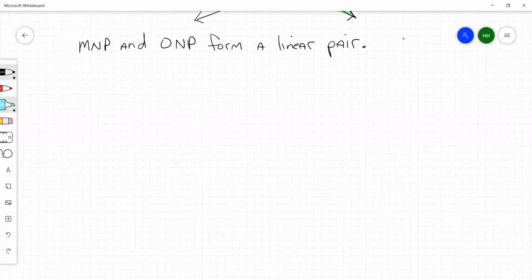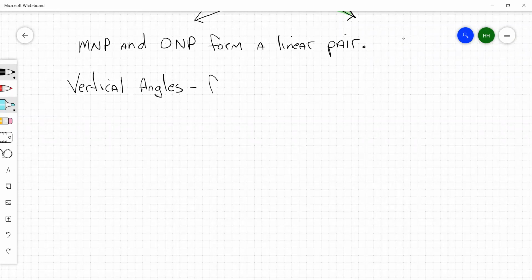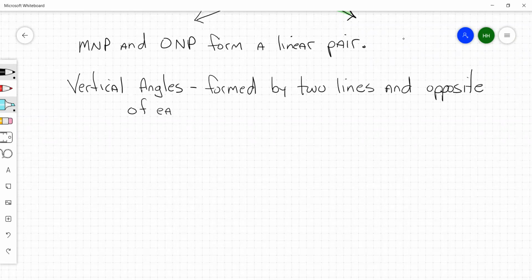Vertical angles. They are formed by two lines and opposite of each other.